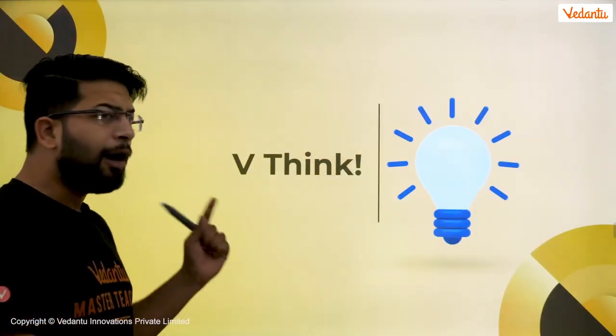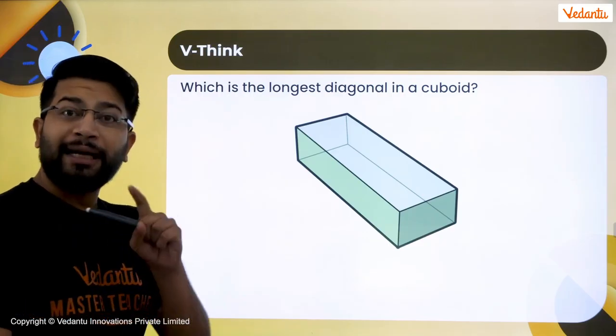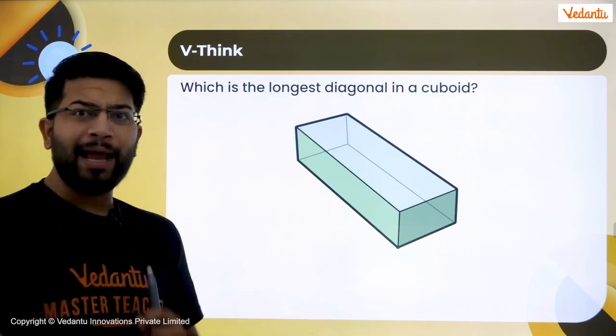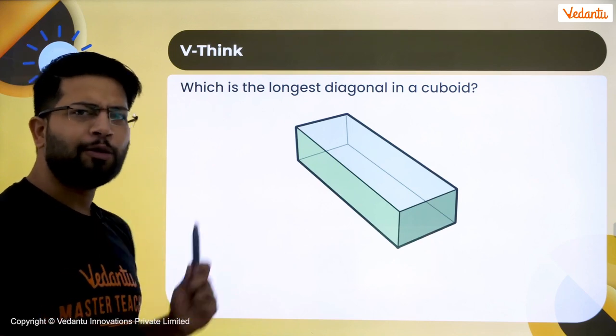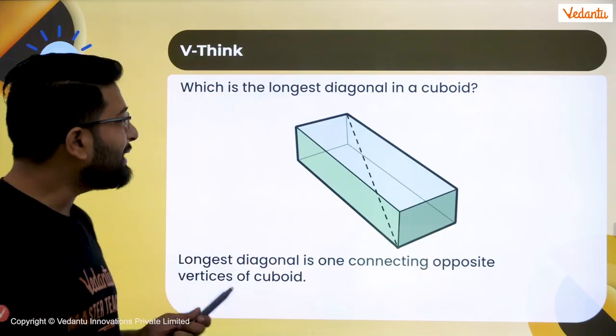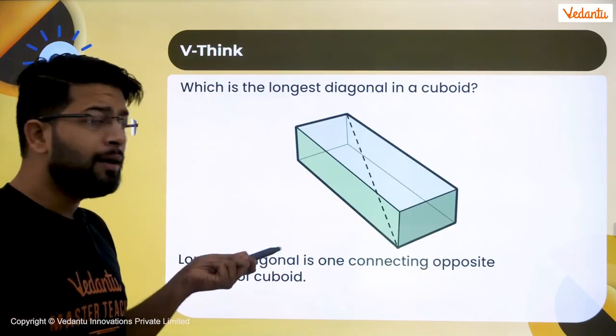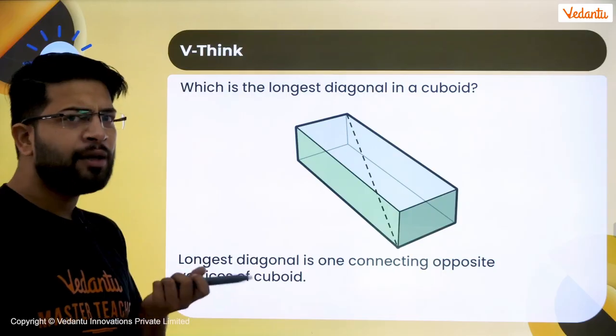Very good. So now champ, one question to think about: we know that in the rectangle and the square, the longest side is the diagonal. But what about the cuboid and cube? What is the longest diagonal? So champ, the longest diagonal is again the diagonal joining the opposite vertices of the cuboid and cube.